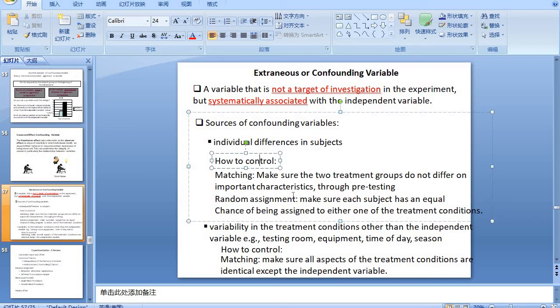That would be a confounding variable. You are testing the two conditions under some extraneous variables. The solution is to match the treatment conditions. Exactly the same facilities, the same tools, same instruments, same researchers, experimenters.